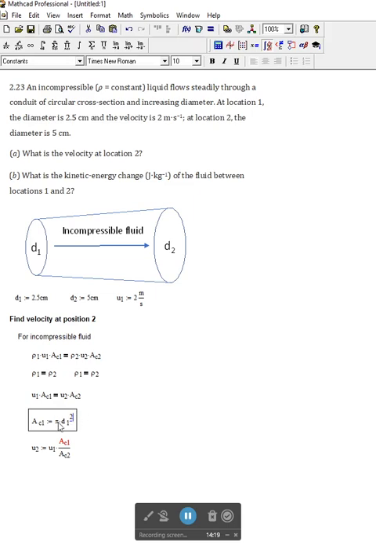So I want to select this whole expression. I could just select D1 squared and divide by 4, or I could select both pi and D1 squared and divide by 4. I'm going to do that to make it look neater. To do that, all I do is press the space bar. I press the space bar once, and it selects D1 squared.